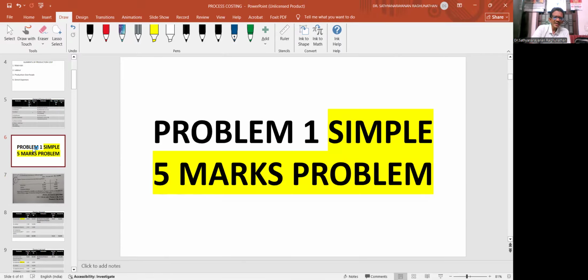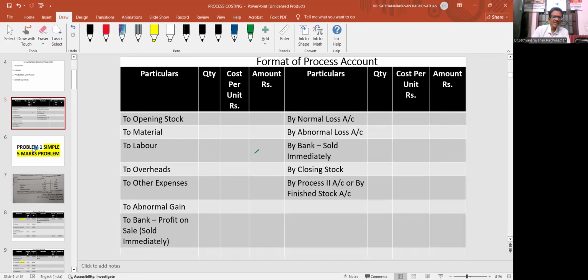See here, I have opened one format. As per the format: particulars, quantity or units, cost per unit, amount. It is just the format only. If it is units, let it be cost per unit.